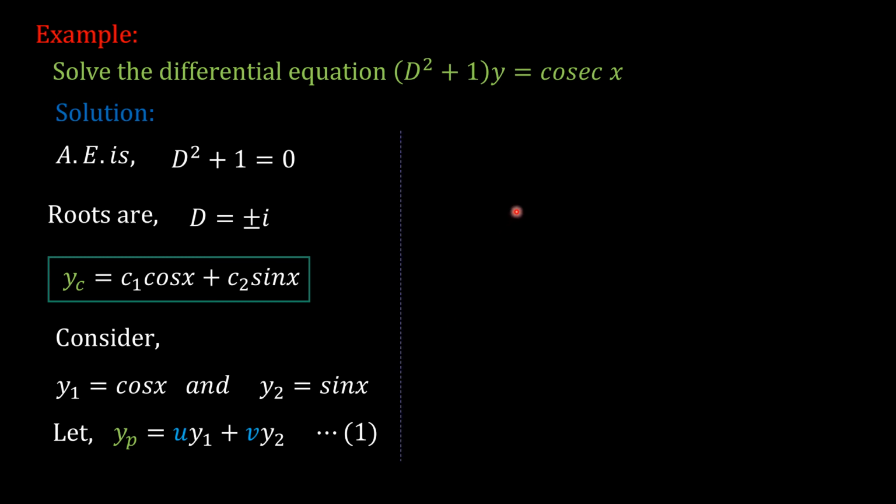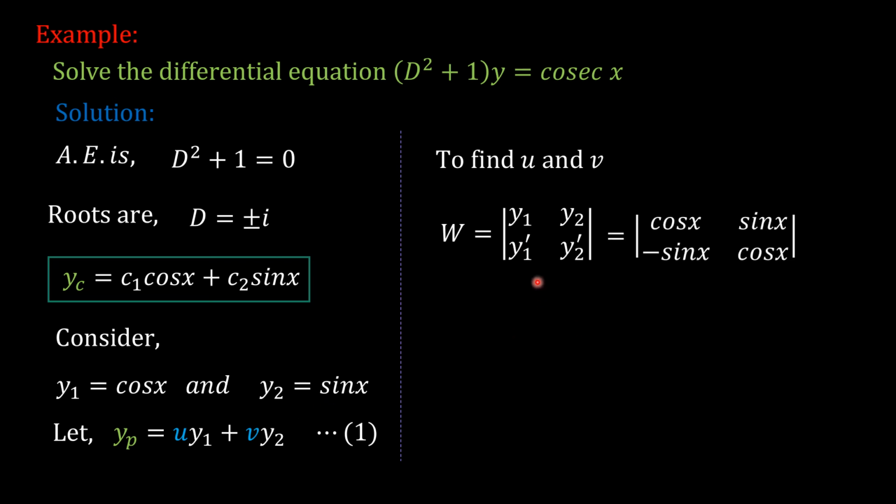Now to find this u and v, we will require the Wronskian. So the Wronskian is the determinant y1, y2, y1', y2'. So replace y1 by cos x, y2 by sin x, and the derivative of y1 equal to cos x is minus sin x, and the derivative of y2 equal to sin x is cos x.